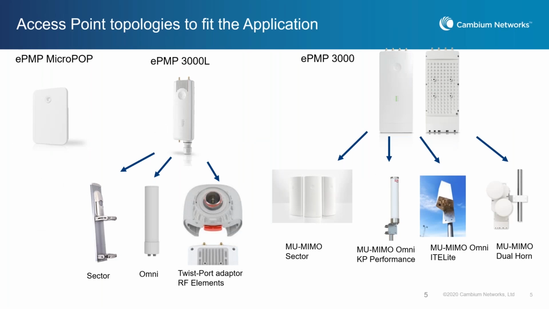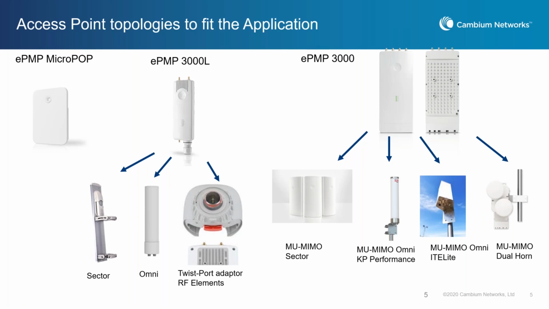On the access points, where you've got the 3000 over there on the right, there are a number of different options for how you deploy that. Always keep in mind that while the prototypical approach is to use four sectors with the multi-user MIMO sector antenna covering 90 degrees each, we have a lot of customers also using the MU-MIMO dual horn antenna you see over there on the right.